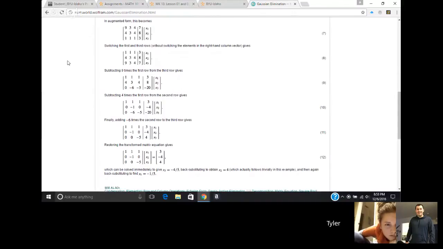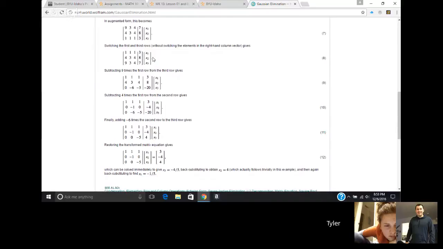Switching the first and third rows. So you multiply the first row by 9, and then you subtract the third row.